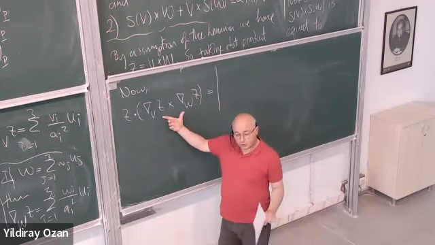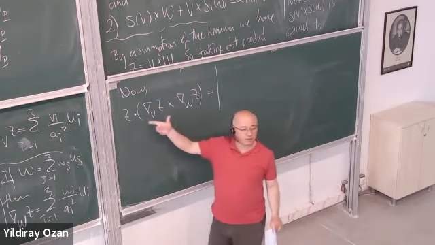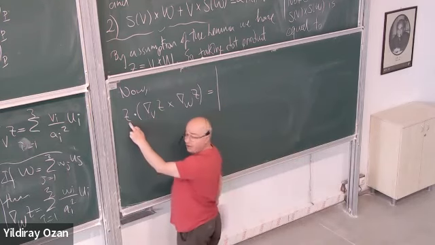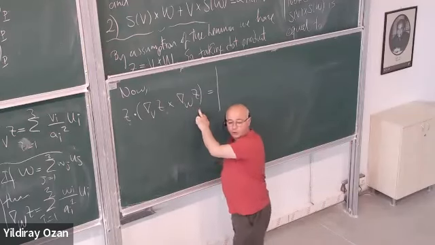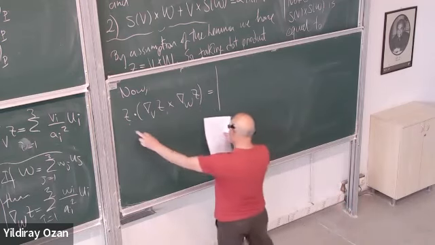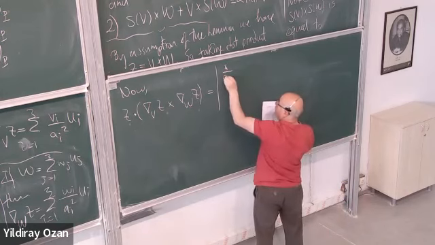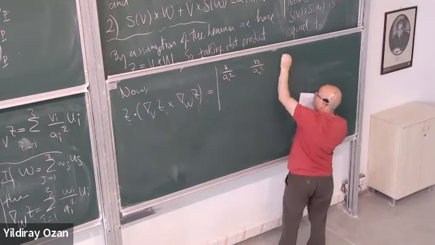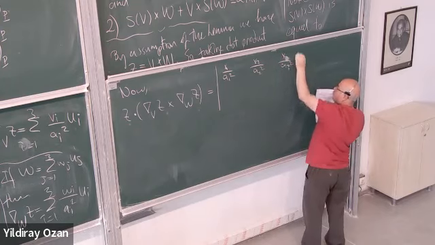We take the cross product of two vectors and take the dot product with the resulting vector. How can we do this? I write this as the first row, this one is the second, and this one is the third row of a matrix, and then we take the determinant. Z has coordinates x1 divided by a1 squared, x2 divided by a2 squared, and x3 divided by a3 squared.